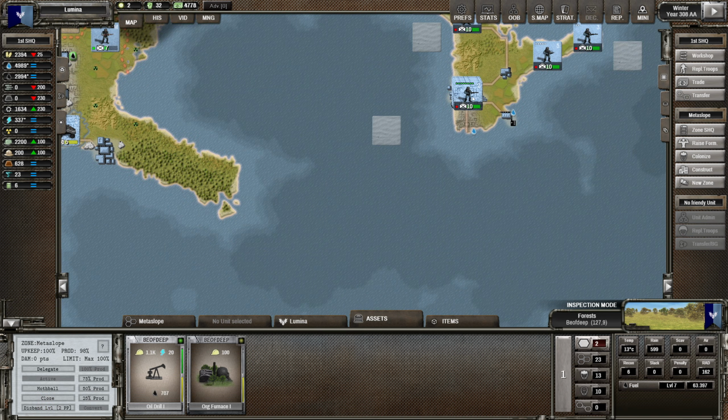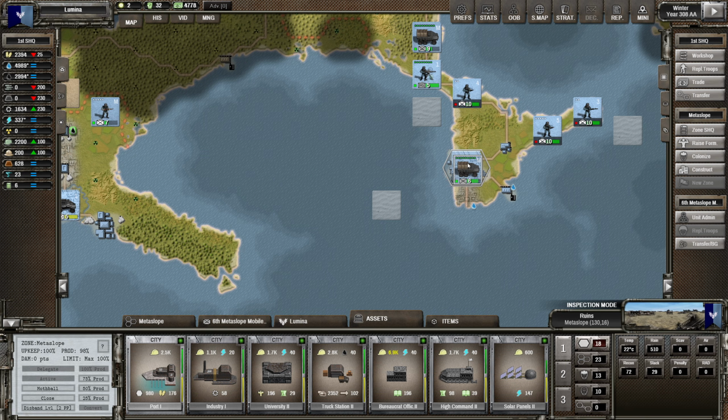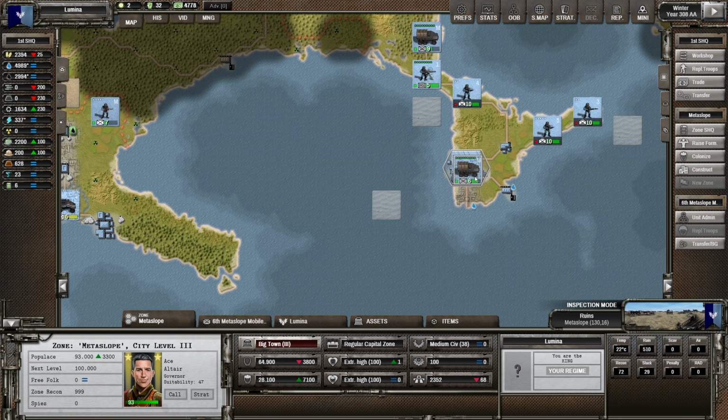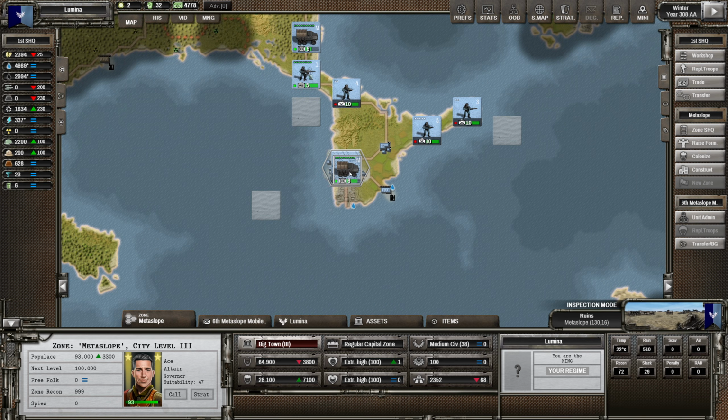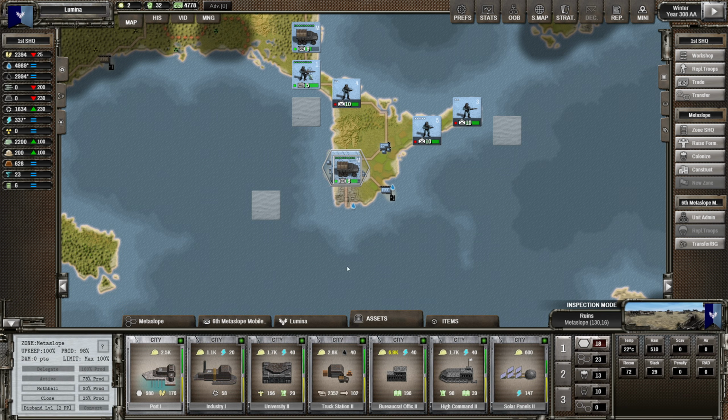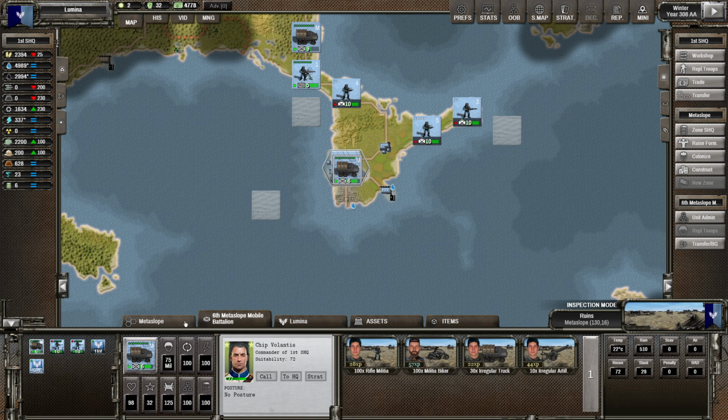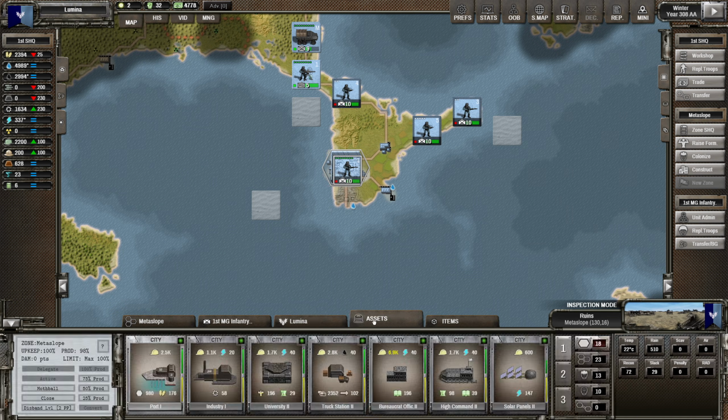So let's say you've had a massive depopulation in a city, which will happen in Shadow Empire, whether it's because you've depopulated yourself by throwing too many people into your military, you've had a terrible event, you got hit by a nuke, something like that, you might find that the assets are too high for your quality of life, and nobody's sticking around and everyone's leaving. One of the things you can do is drop the level of your assets by disbanding it, and you get some of your resources back. All right, there's a few other things that you can do here as well, but yeah, this is the basics.